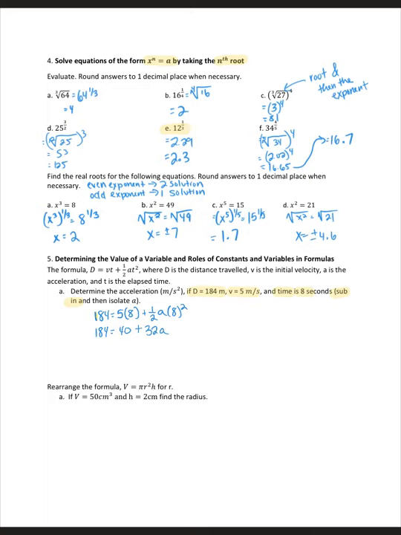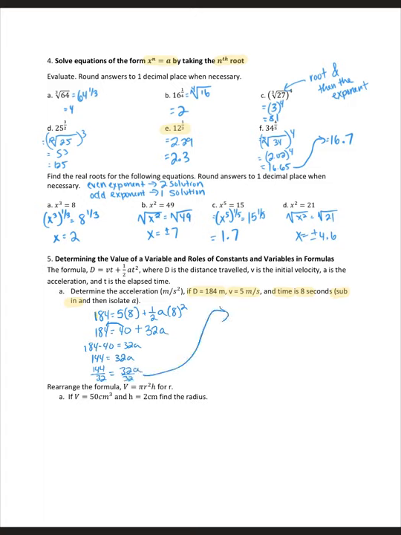So now we have to start doing some rearranging. So I'm going to move my 40 over to the other side. So we're going to have 184 minus 40 equals 32a. So this will be 144 equals 32a. And then finally, we're just going to divide everything by 32 to continue isolating that a.